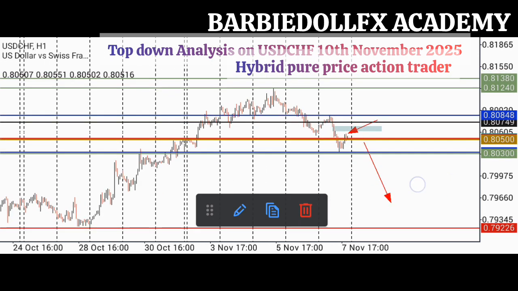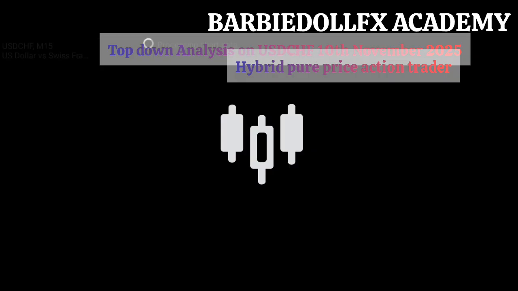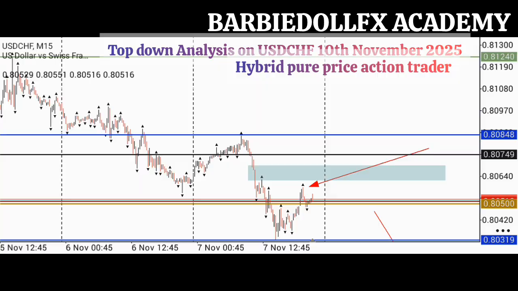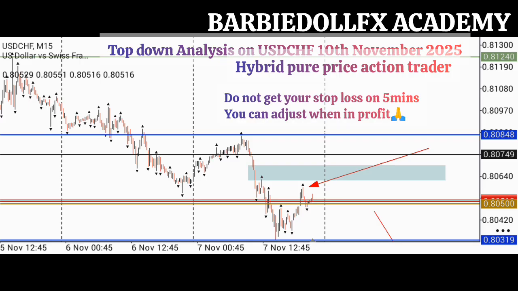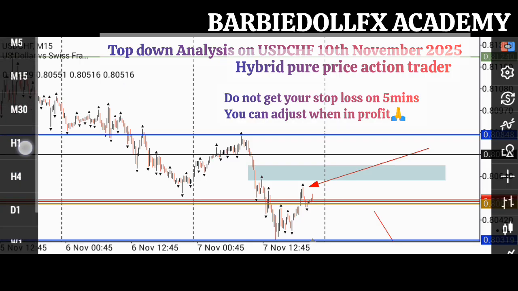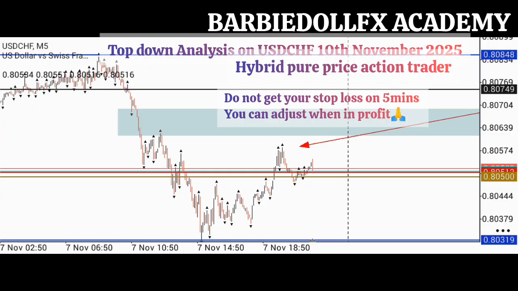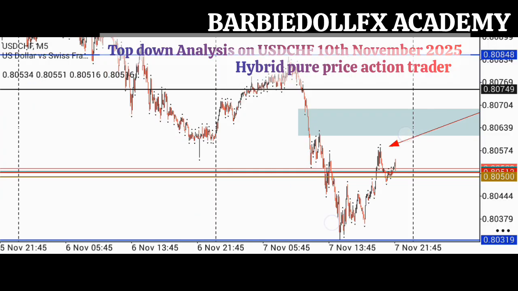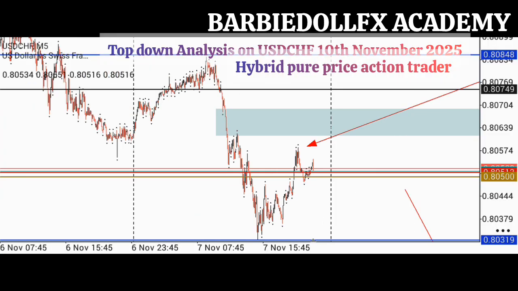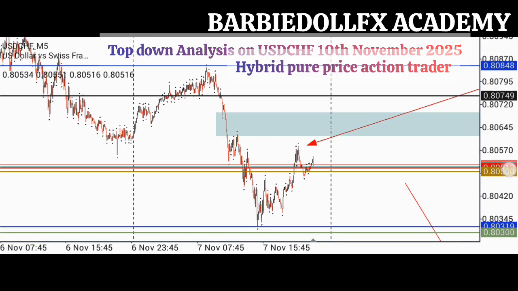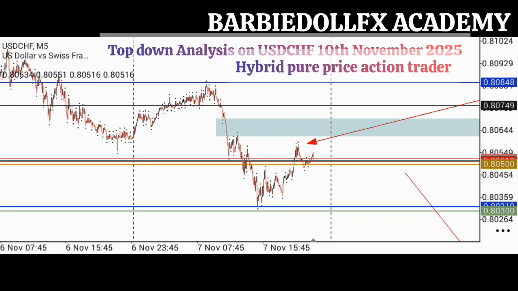I know that our entry comes from 5 minutes or 15 minutes. But please, your stop loss should not be on 5 minutes or 15 minutes. Use your higher focus time frame for your stop loss, please.